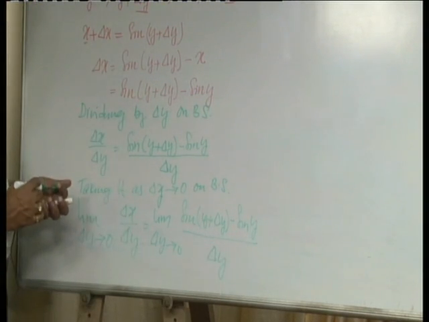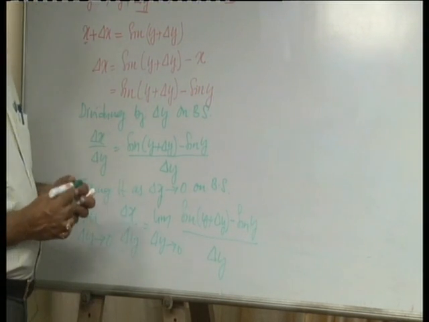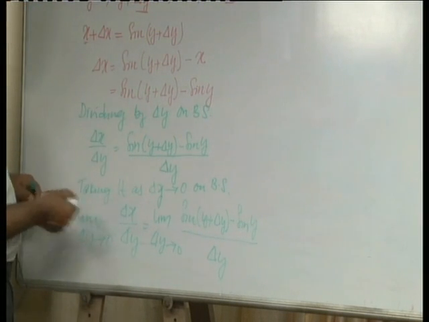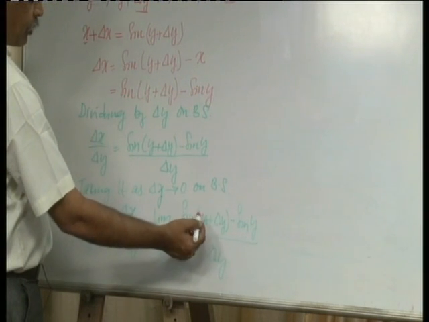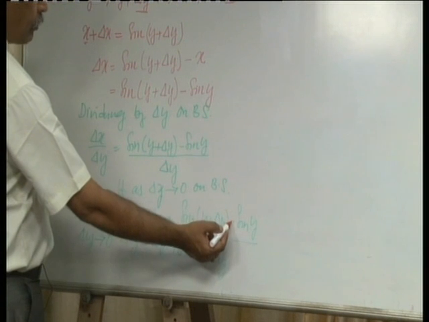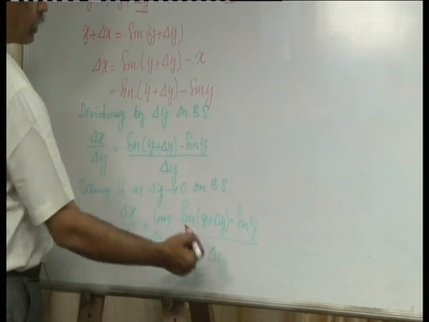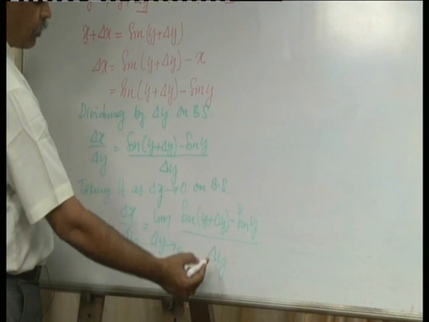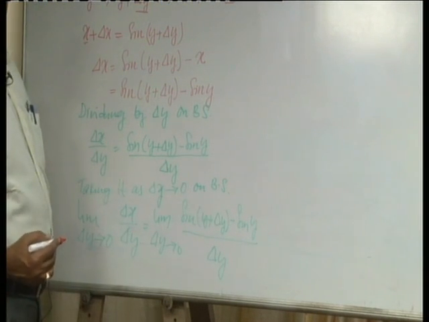If you apply the limit on the right hand side, we will get 0 by 0, because sin y minus sin y becomes 0 and delta y becomes 0, therefore it will become 0 by 0 if you take the direct limit.